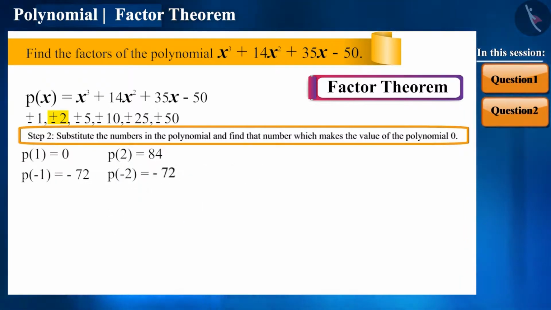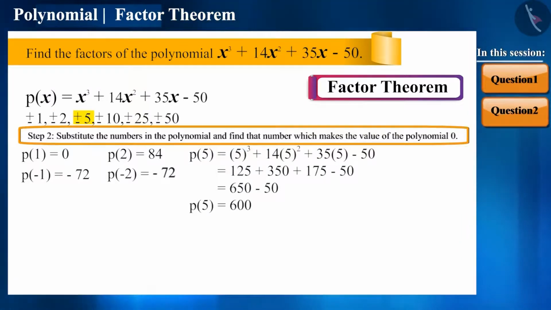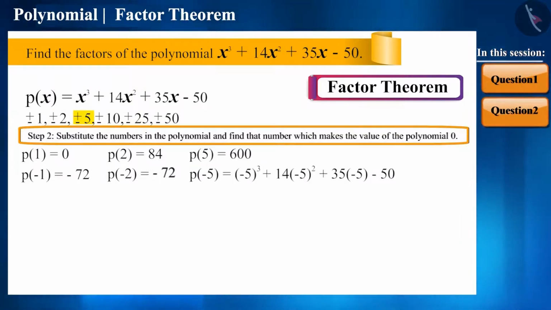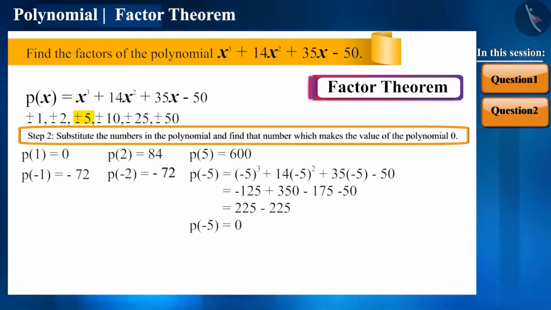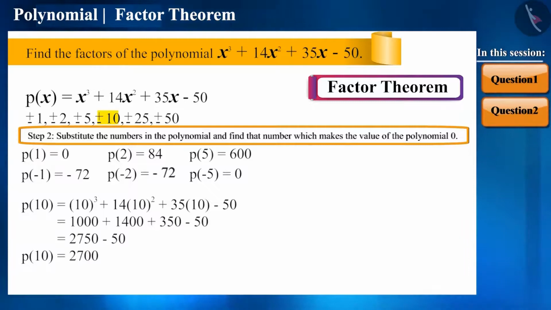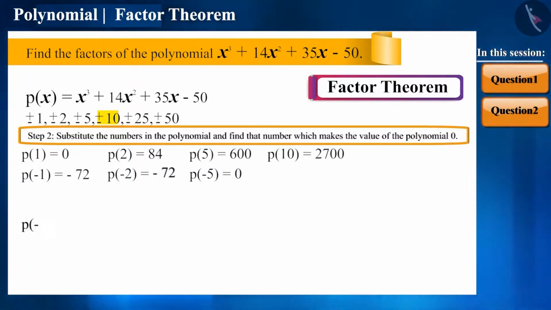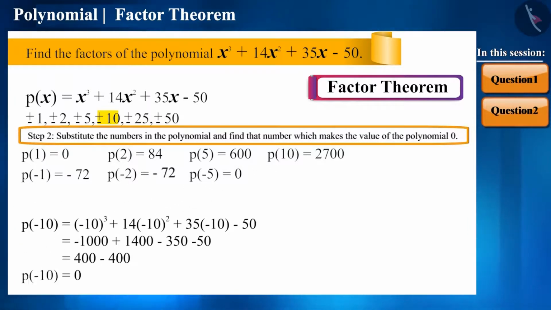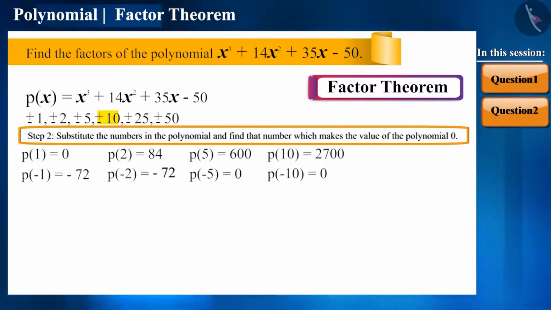P of minus 2 equals minus 72. P of 5, 600. P of minus 5, 0. P of 10, 2700. And P of minus 10 is equal to 0.